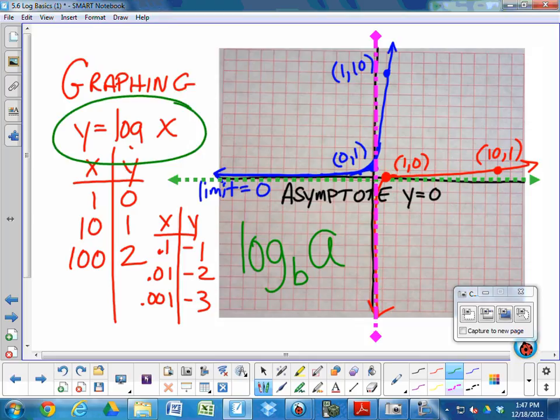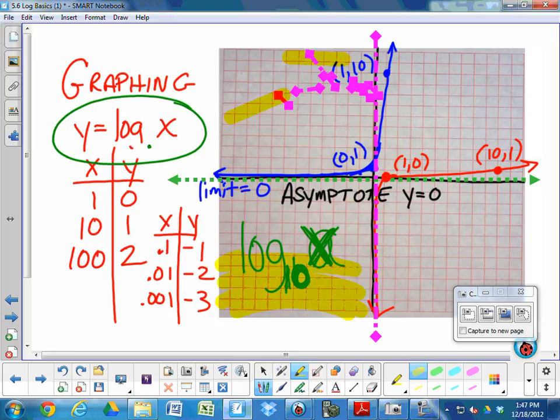In here, it's understood to be 10. So is that negative or 0? No. And we're finding the log of x. What part of the graph, watch this, is the red graph completely ignoring and not touching?